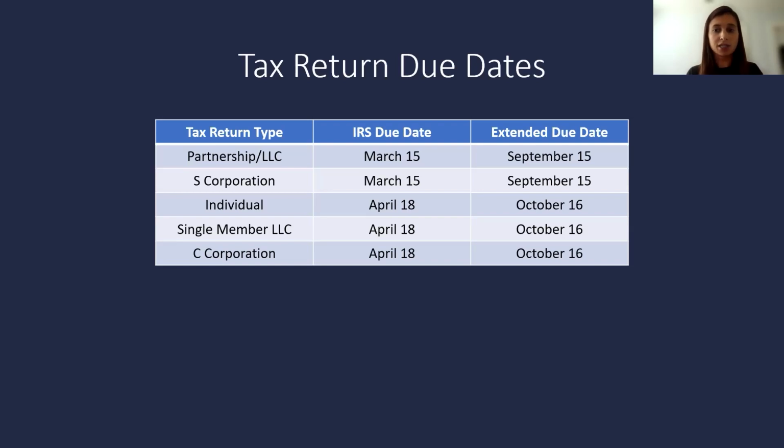Your single member LLC, we talked about this before, but a reminder, your single member LLC is a pass-through entity, and all the income flows through to the ultimate beneficial owner, which is typically you as the individual. So those are due with your individual return on April 18th or extended to October 16th. And then C Corps follow that April 18th deadline as well.